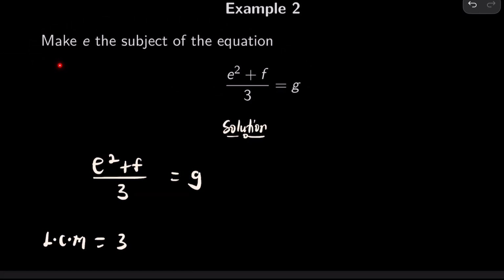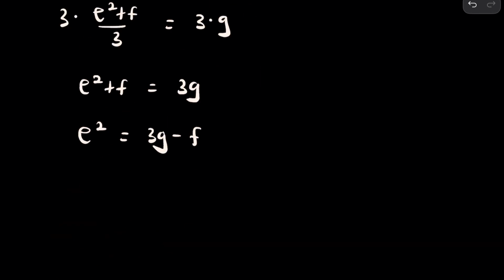From the question, we are being asked to find E, right? Not E squared. To find E, we have to take the square root on both sides. So we're going to have the square root of E squared is equal to the square root of 3G minus F, right? Now here we have squared and the square root, so these two will cancel out.